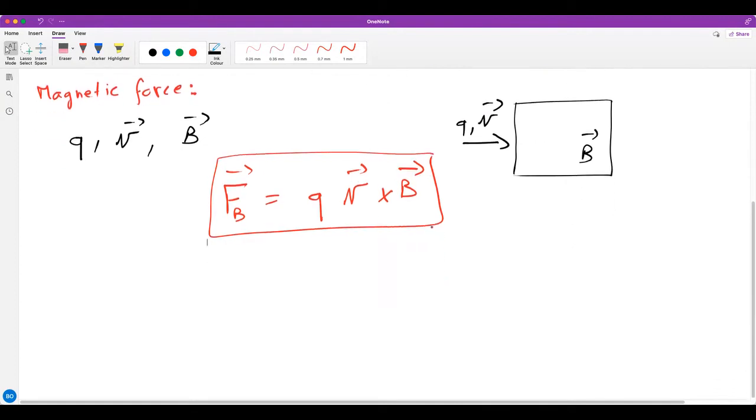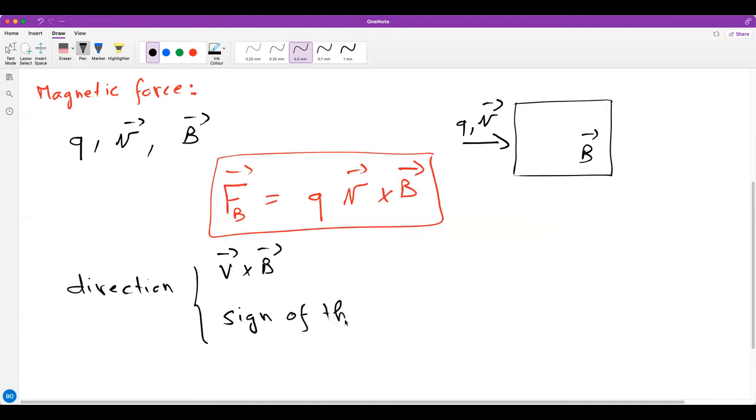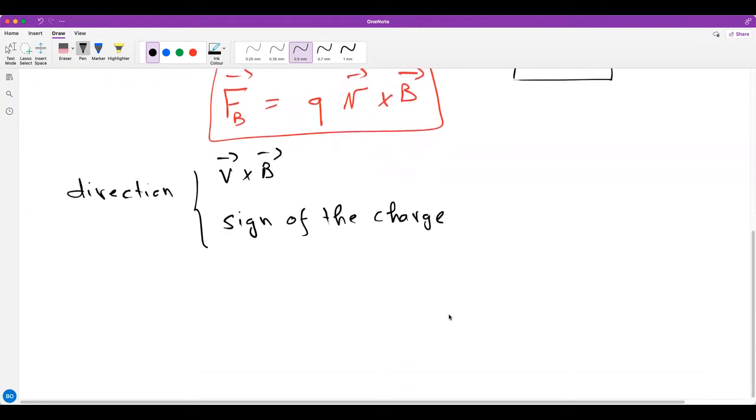Now the direction of the magnetic force depends on the cross product V cross B, as we mentioned, but also depends on the sign of the charge. So the magnetic force on a negative charge is opposite in sign to the one exerted on a positive charge.